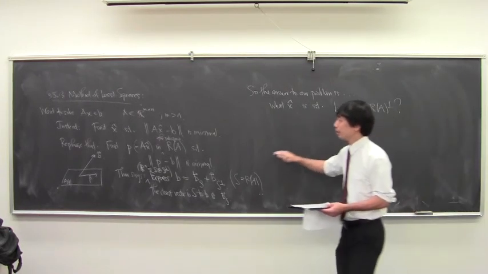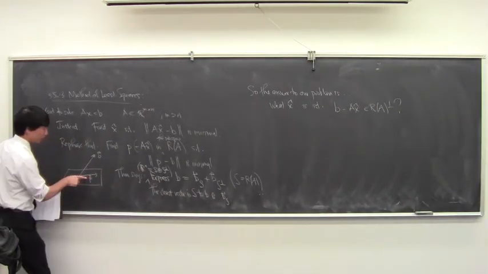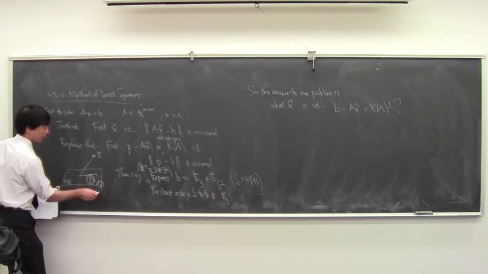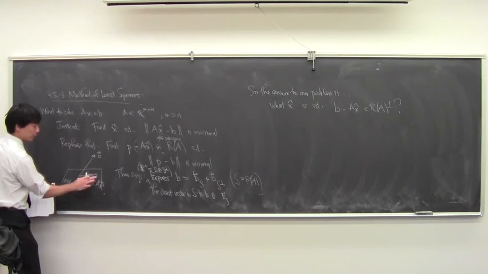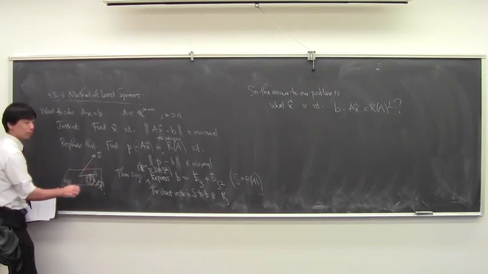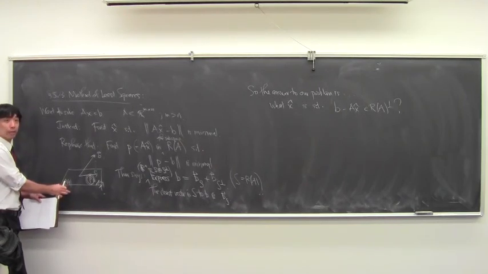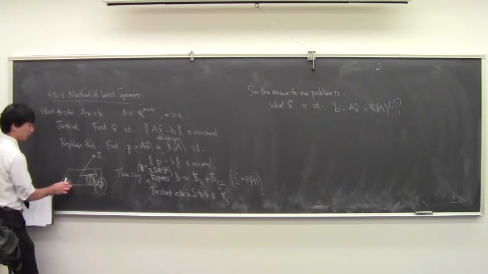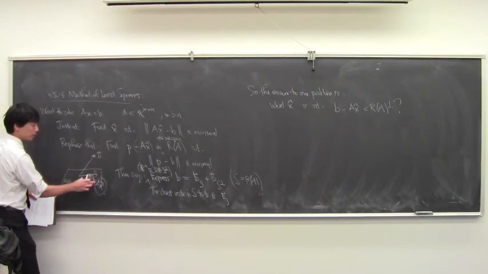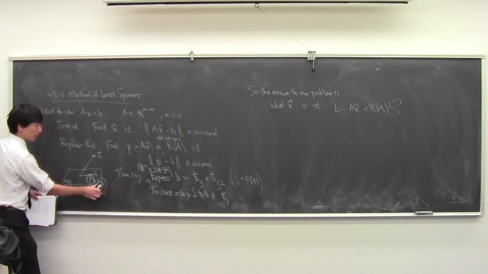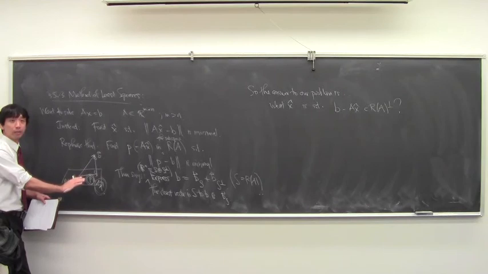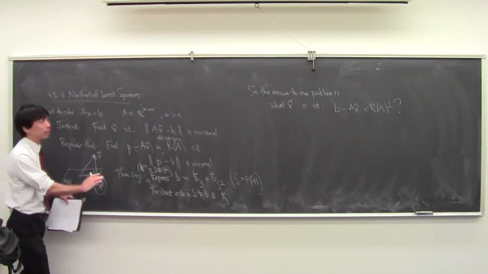We want the Ax so that b minus Ax is perpendicular to the range of A. We need the x so that b minus Ax is a vector perpendicular to the range of A.